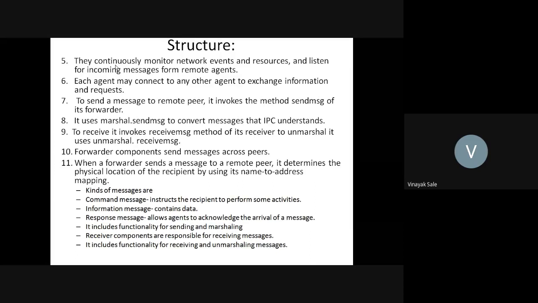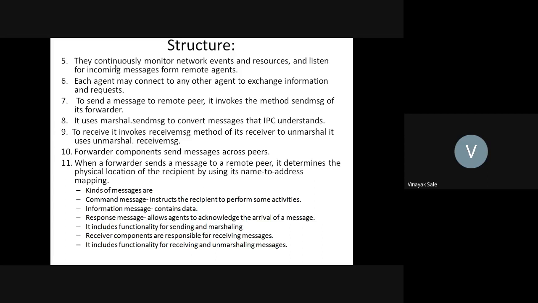It uses marshal to convert messages into a form that IPC understands. To receive, it invokes the receive message method of its receiver. To unmarshal, it uses unmarshal. Forwarder components send messages across the peers. When a forwarder sends a message to a remote peer, it determines the physical location of the recipient by using its name-to-address mapping.